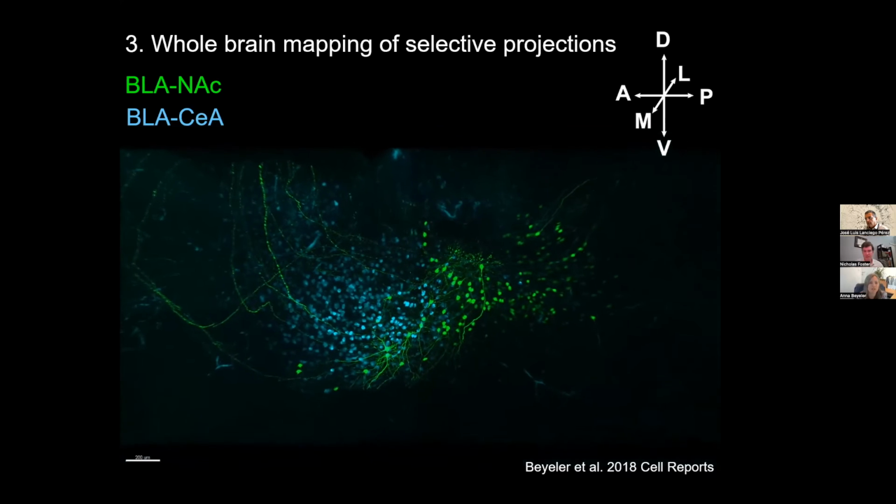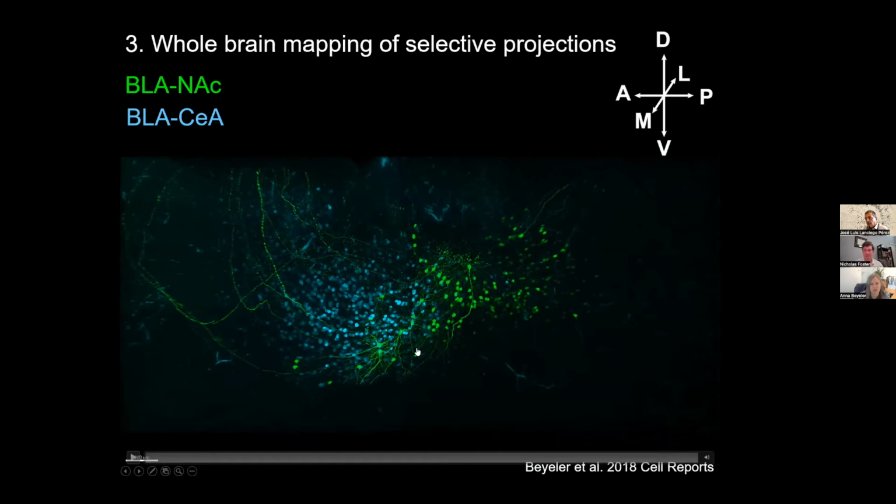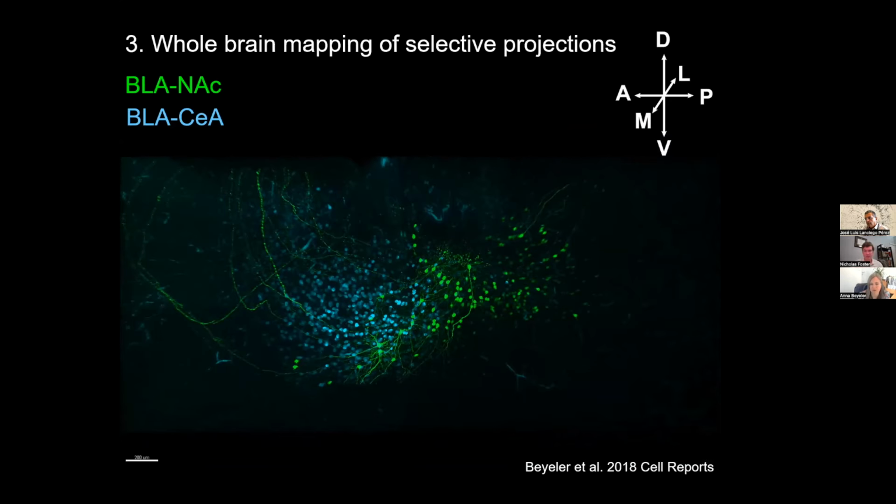So one advantage of Clarity compared to other techniques is that you don't need to do antibody staining. You can look at endogenous fluorescence. However, the efficacy for mCherry and EYFP is different. So maybe using other markers as a second fluorescent marker would be interesting.